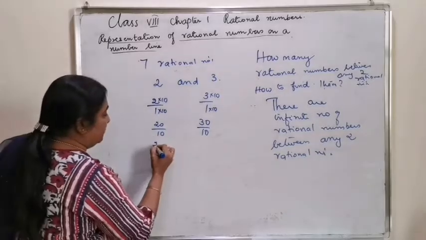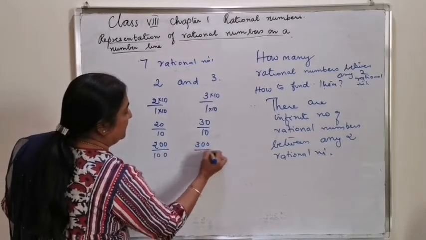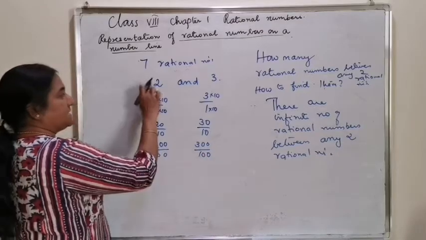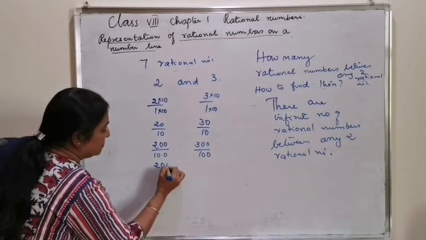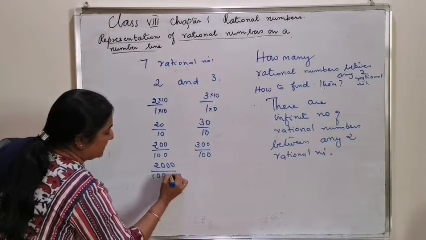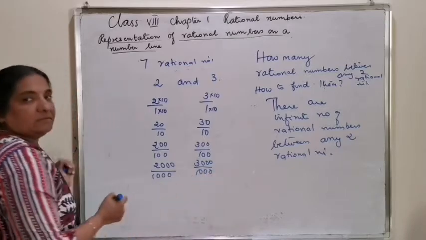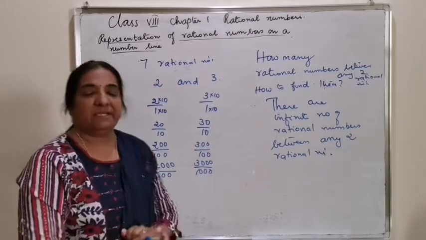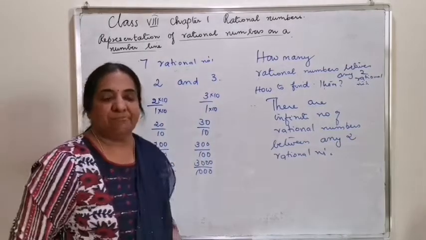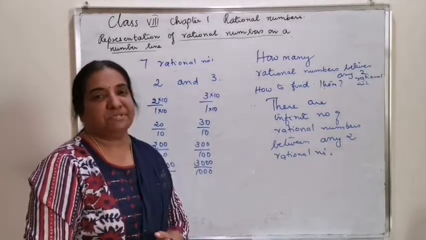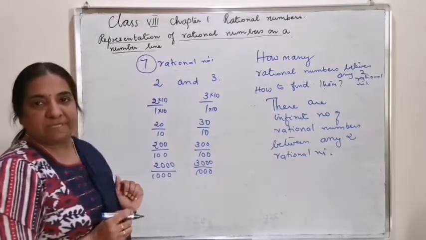Or if you multiply to get 200 by 100, 300 by 100, it remains the same. Or you can make it 2000 by 1000, 3000 by 1000, the same numbers. So, between any two rational numbers, you can insert as many rational numbers as you like. Our question is just to find 7 rational numbers.